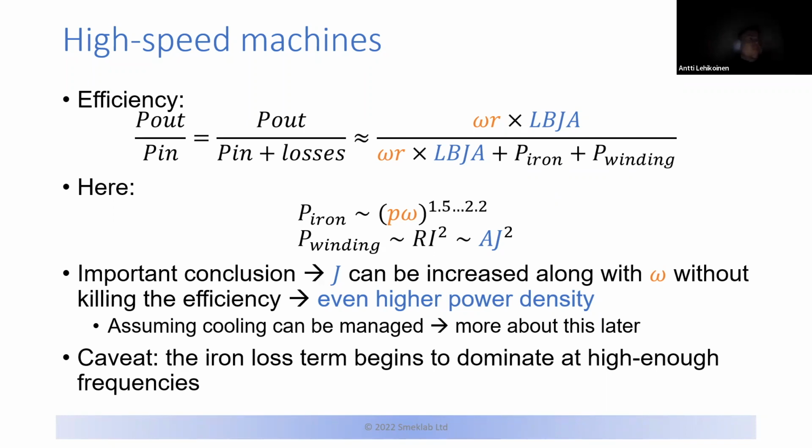You increase the surface speed, you increase the power density, and you then can increase the current density and increase then the power and power density even further. So that's a rather nice thing. Of course, there are physical limits. We will see them now.